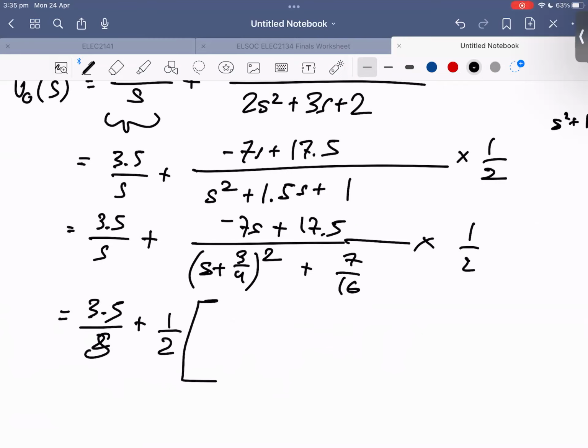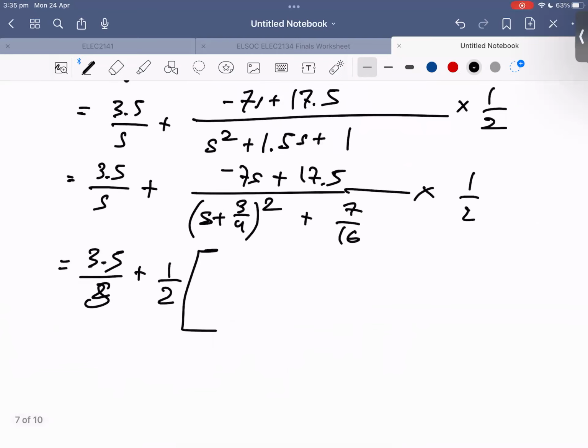Okay, so in here we should split this up into cosines and sines. The way I'm going to do that is I'm going to separate the S term and the constant term out, and then inverse Laplace transform that into cos and sine, which you'll see in a sec. So I've got minus 7S, and I need the same shift here, because that means an exponential in the time domain, right?